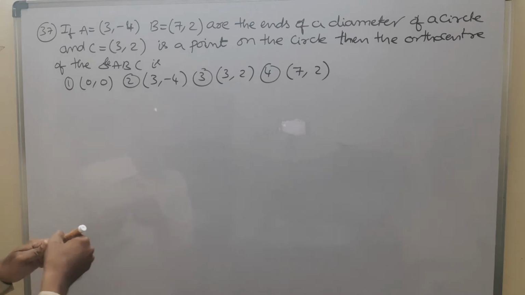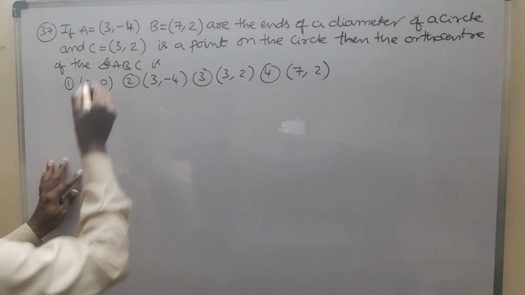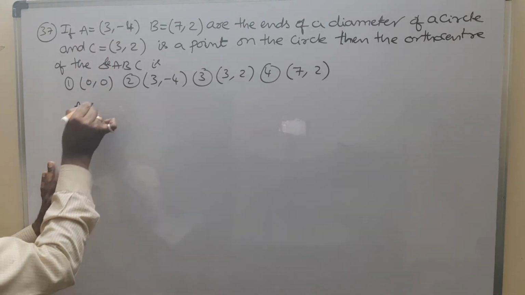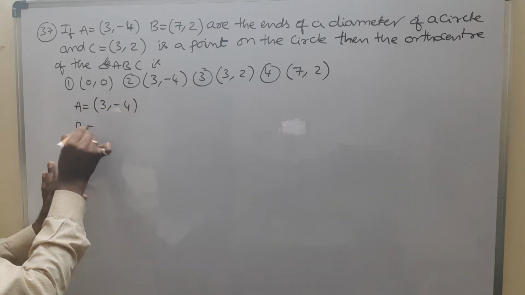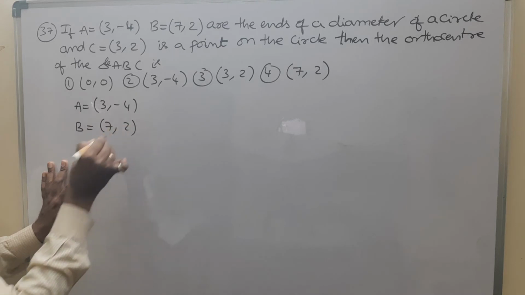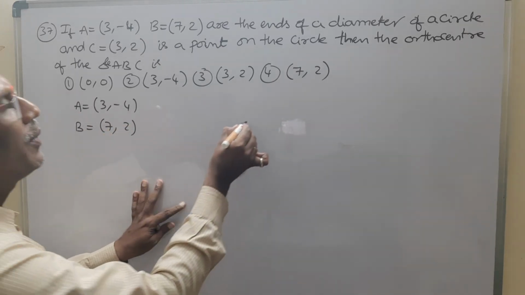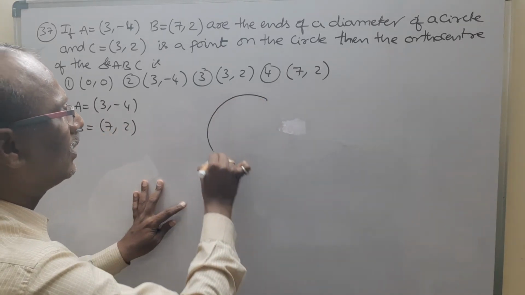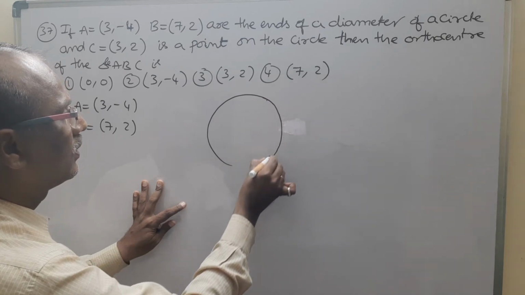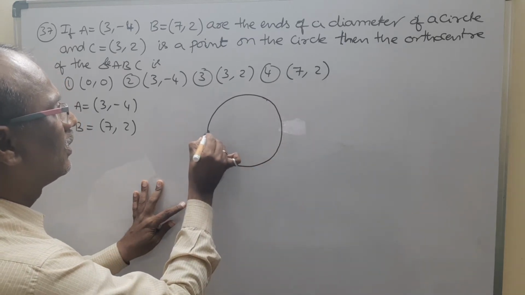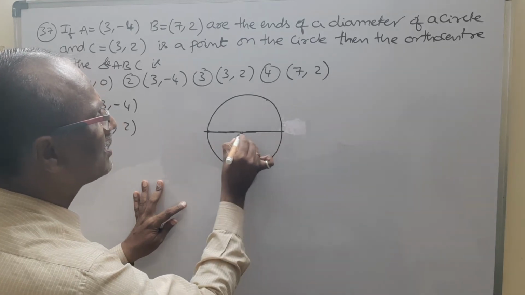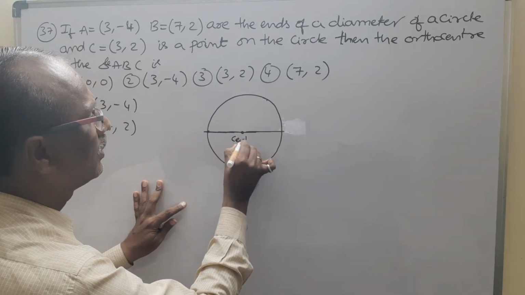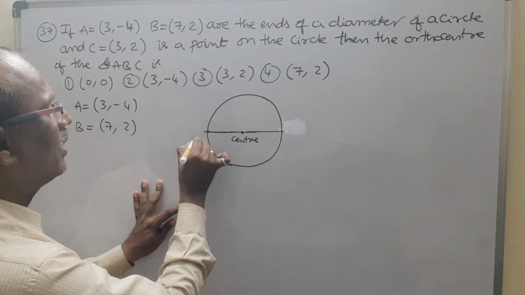Here observe that point A is given as (3, minus 4), and point B is given as (7, 2), the ends of the diameter of a circle. This is one circle, and the diameter passes through the center of the circle.